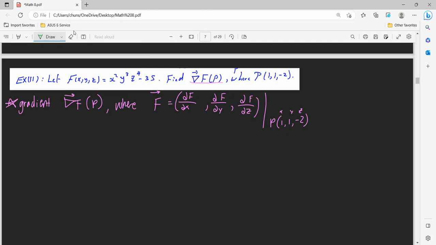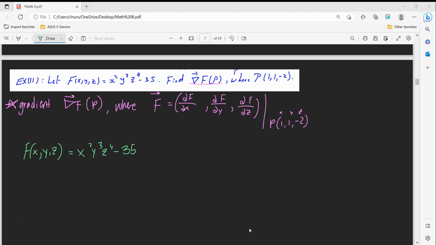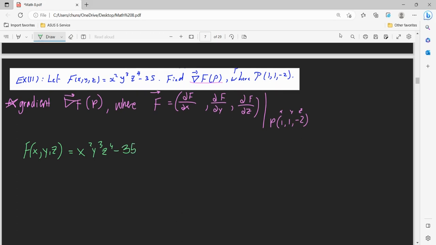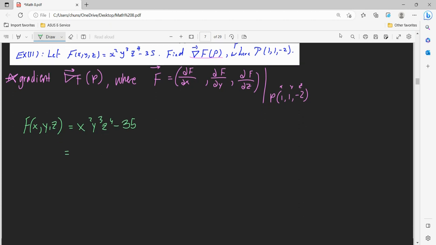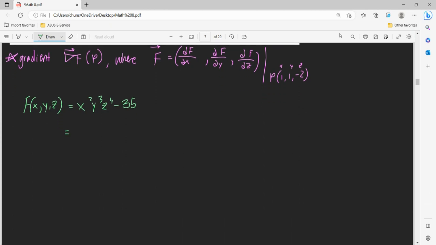So if we just start with this one, we have capital F as a function of x, y, and z, which is equal to x squared, y cubed, z to the 4 minus 3, so 35. Okay, so then you're going to derive with respect to each variable like you're already used to. So we'll keep it separated by commas. So we can write it in this kind of form.